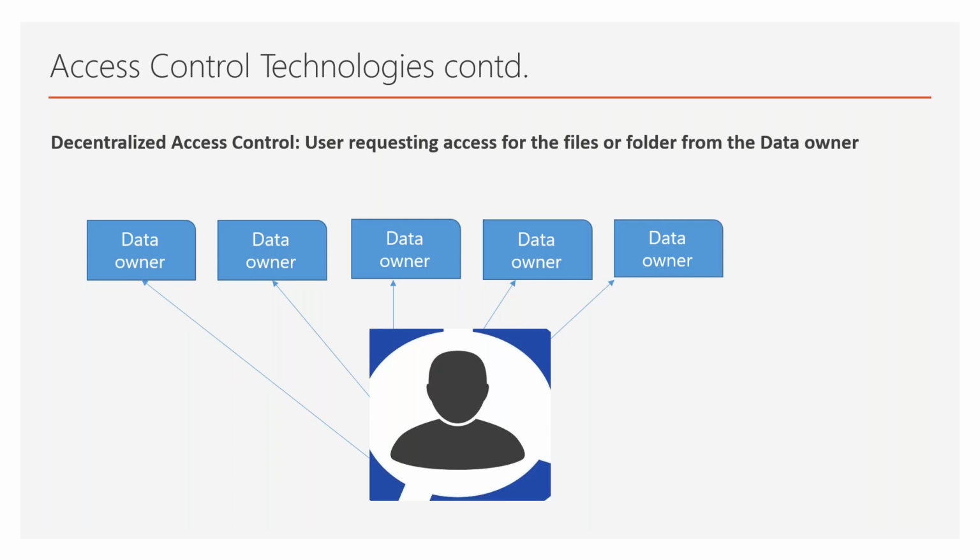Different data owners use their own method to classify data and their own access model to define everything. So there is no uniformity. The basic difference is that in centralized you get uniformity, whereas in decentralized you don't.